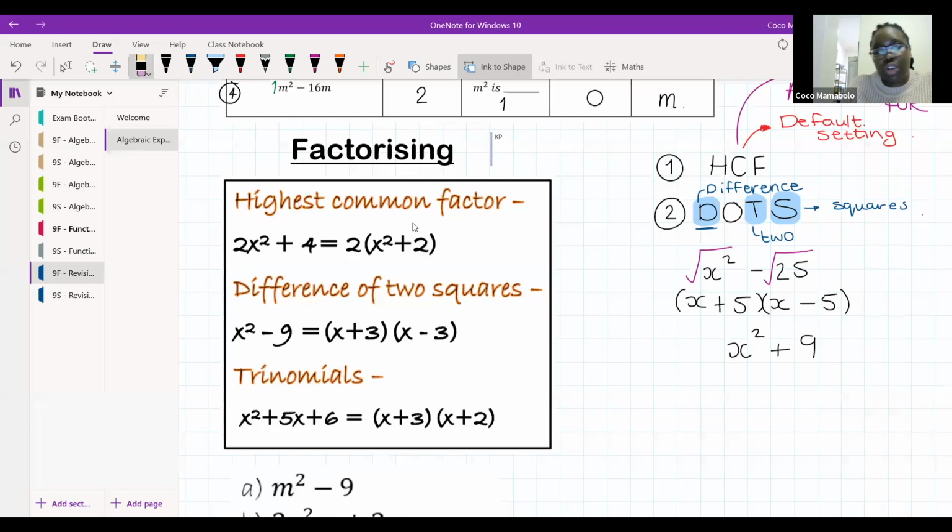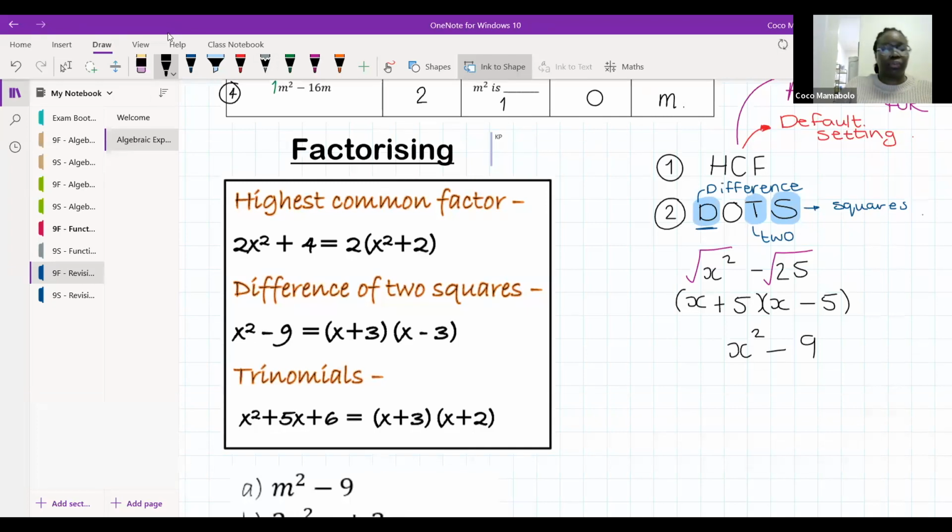Now, if I asked you to factorize x squared minus 9, can we then factorize this? Absolutely. I want you to factorize this in the chat for me, because now I have a difference in between. That's it, Sepang.